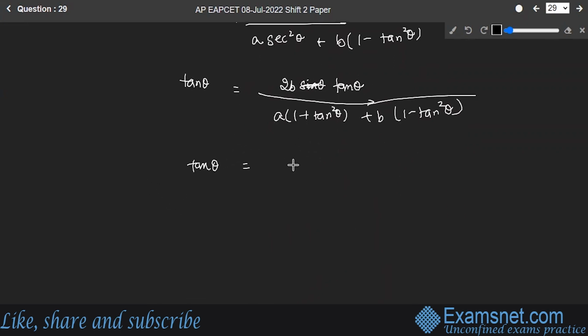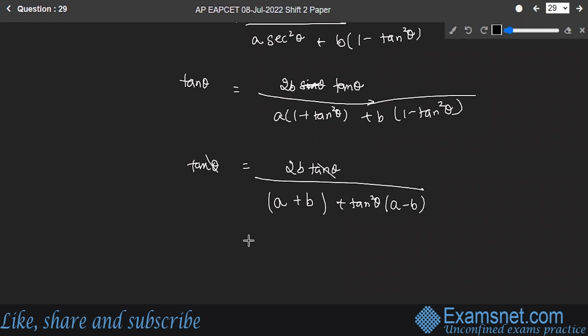Actually, they will cancel. So 2B tan theta will cancel out. And here you will have A plus B, and here you will have plus tan square theta into A minus B.